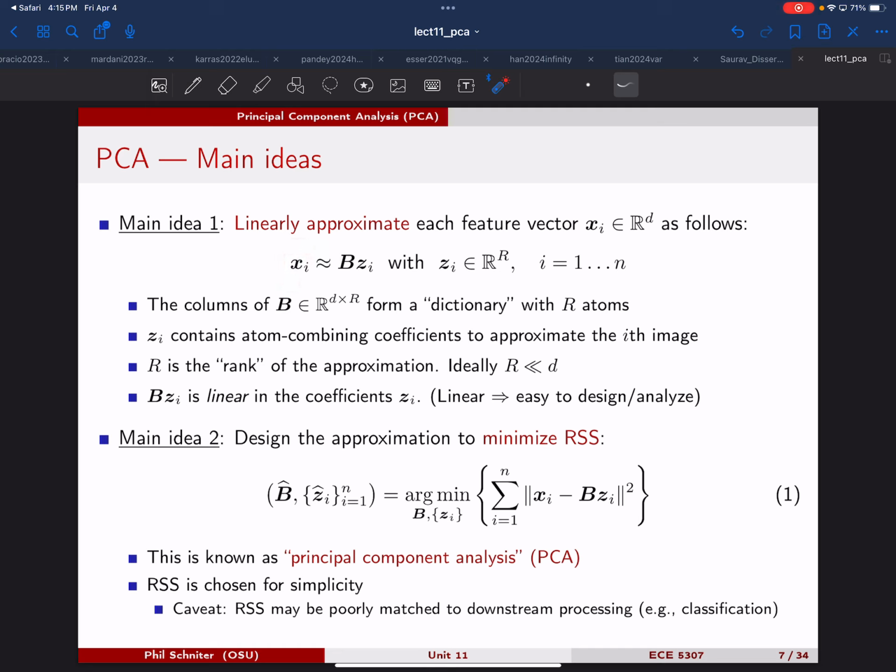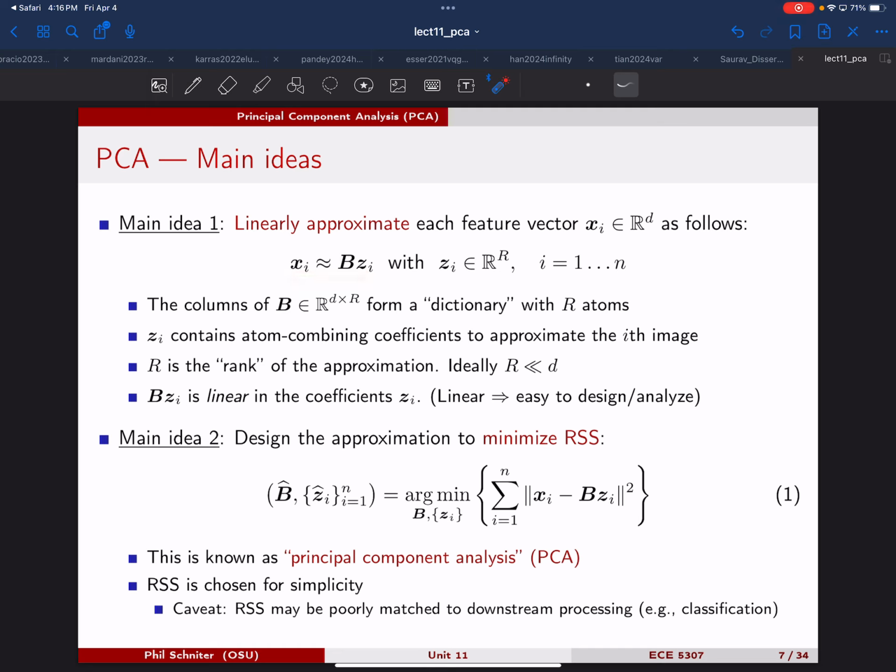But you also get less compression. So this is just a trade-off that we have to make. Do we want to have a lot of compression or a little? And this is a lossy compression. It's not lossless compression. When you use a small r, you don't have a perfect equality.